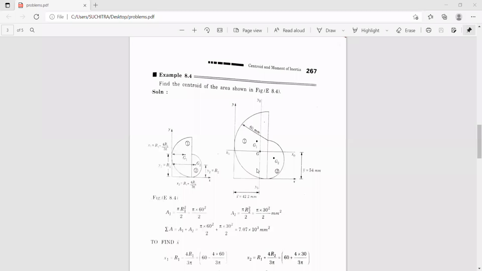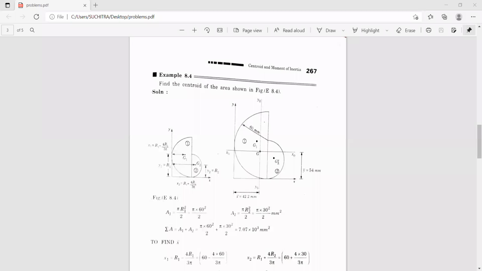And if the semicircle is symmetrical about the y-axis, then we need to find y bar, which is also equal to 4r by 3 pi. Now this is the given problem.